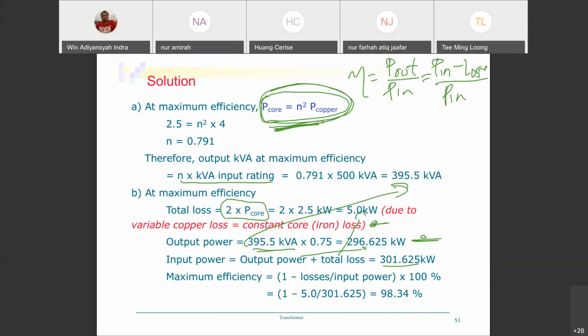If we divide again, P in over P in minus loss over P in, right, equals this one. P in over P in is 1. Loss over P in is this one. All right.